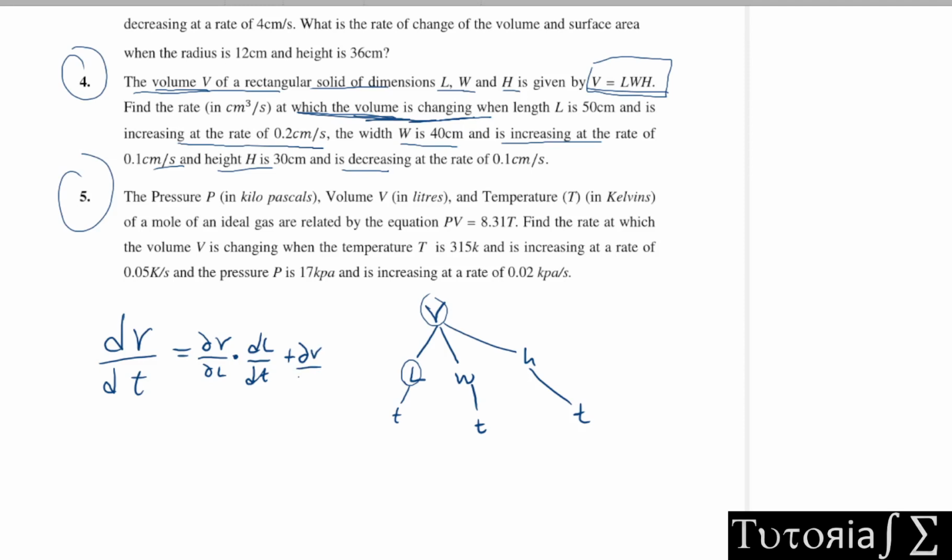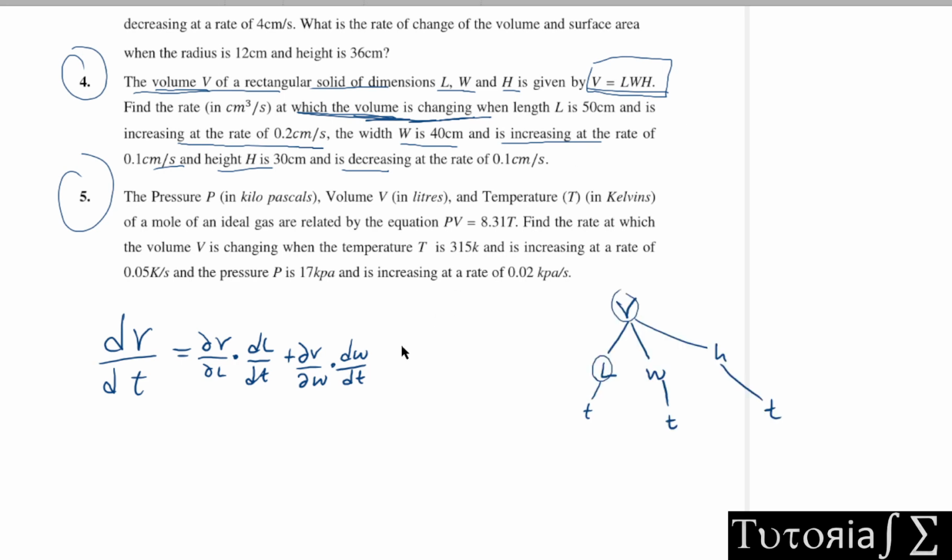Then W with respect to T, that will be a full derivative, so that will be dW/dt. Then we say plus V with respect to H, so that will be a partial derivative, V with respect to H times H with respect to T. Okay, so that will be our chain rule here.